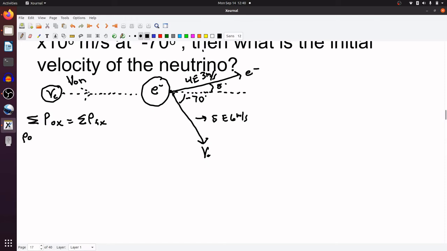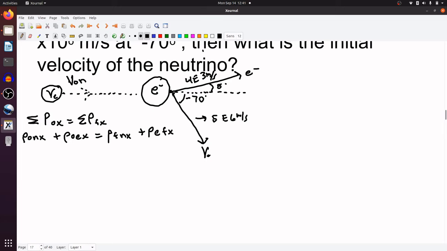So the initial momentum of my neutrino in the x direction, P_nix, plus the initial momentum of my electron in the x direction, P_eix, must be equal to the final momentum of my neutrino in the x, P_nfx, plus the final momentum of my electron in the x direction, P_efx. Okay, so very similar process, except now we have to do it with respect to x and y, which does make it a little bit trickier.